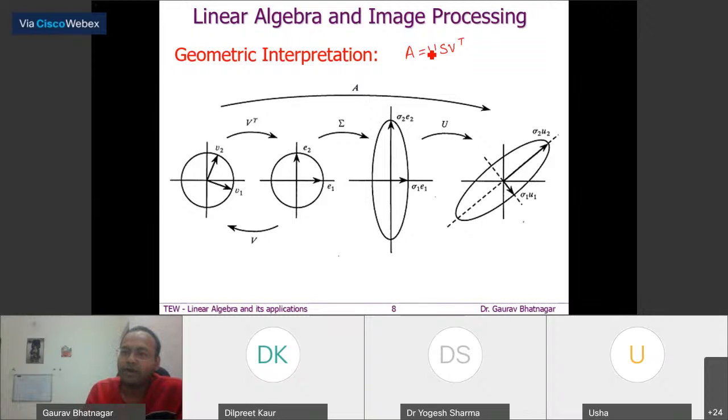Whenever you try to represent any factorization method geometrically, you are just looking at the system AX equal to B. Given a matrix A, if you multiply it by a vector X, it modifies it into another vector Y. How X is changing into Y will give you the geometrical representation of the factorization technique.